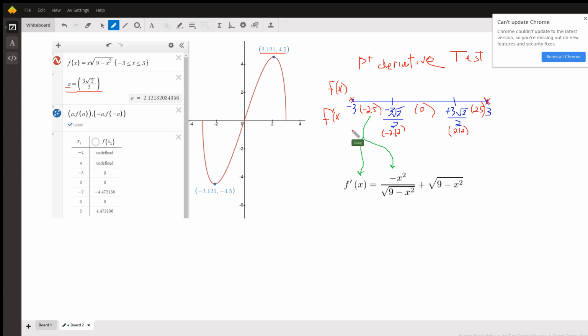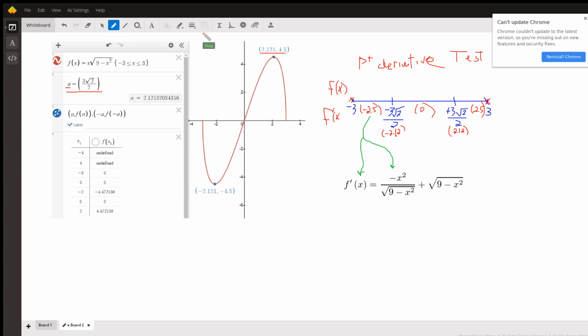Then I put -3 radical 2 over 2 and 3 radical 2 over 2 on this little number line. That divides this number line segment into 3 intervals, and we want to pick test numbers in each interval to find out what the sign of the first derivative is in that interval.